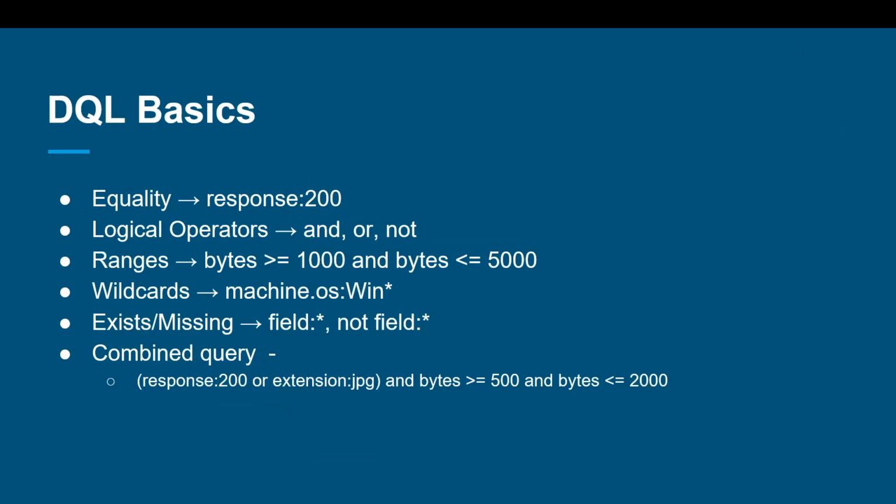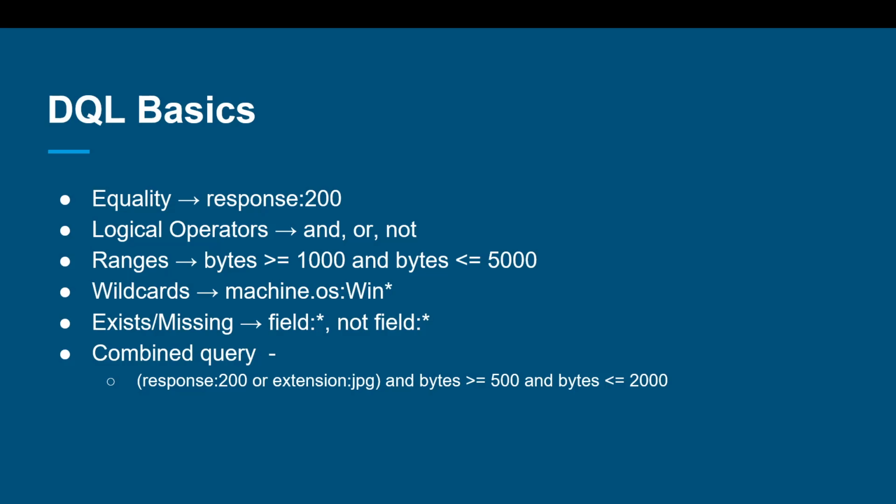If I talk about the DQL basics, the DQL query usually follows the simple field-value structure. Let's say for example, response is a field and 200 is the value of that particular field. So you simply specify your field and then the information that you are looking for in that field.